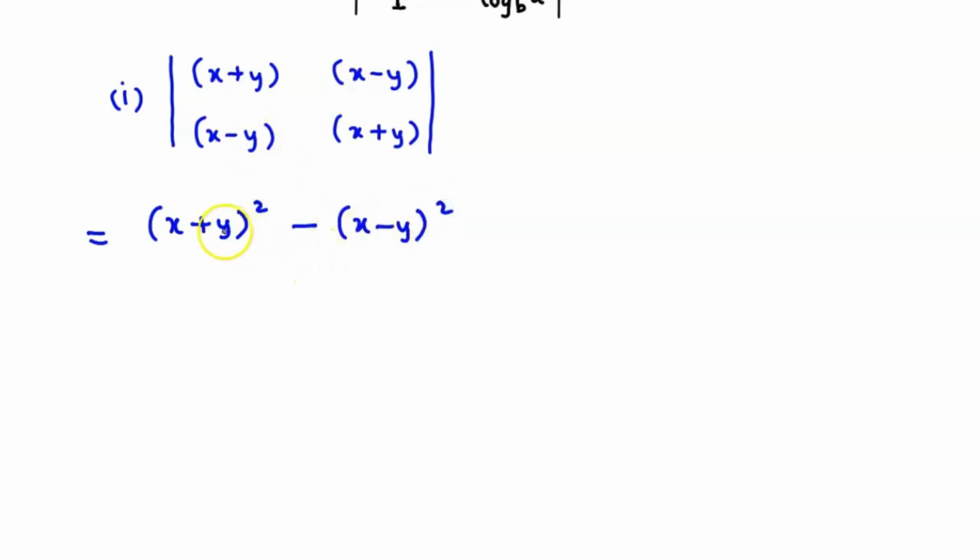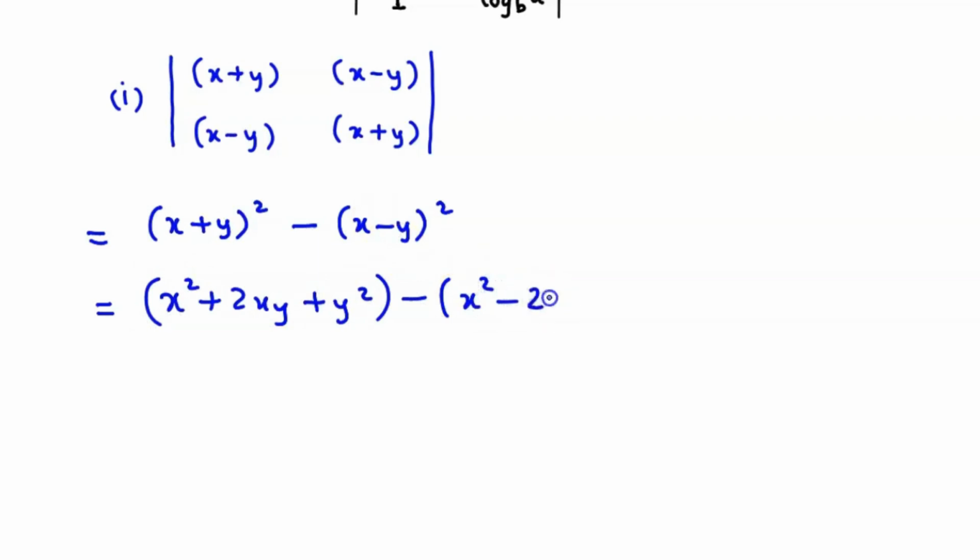Now we could use the formula a square minus b square, or we could simply expand these two, that is also better. So let's expand. So we have x square plus 2xy plus y square, and here we'll have x square minus 2xy plus y square.